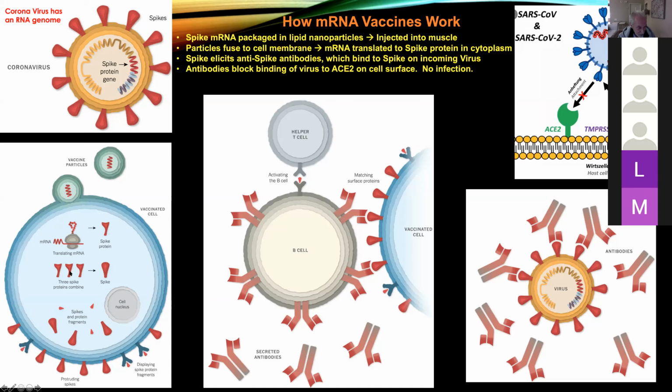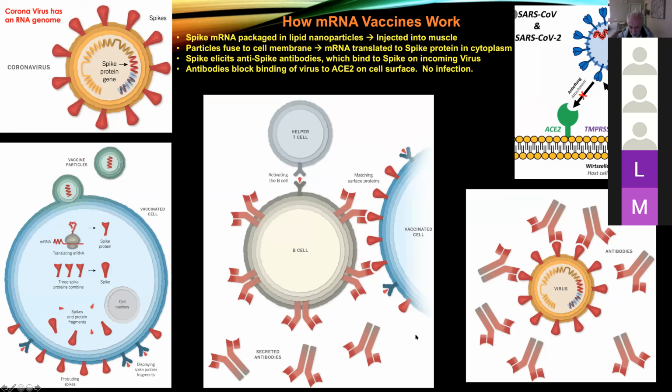This spike protein gets on the outside of the cell, and if you go to the center diagram, the B cells and the T cells, they're the ones that make antibodies. They see the spike protein on the vaccinated cell, and they make these antibodies. These at the bottom of the slide, those symbols are antibodies.